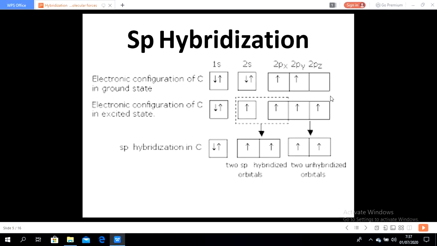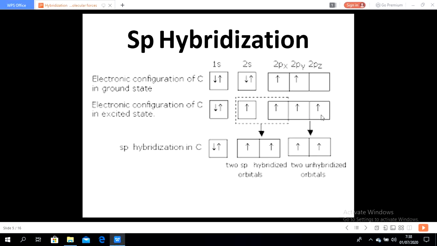Next, sp hybridization. sp hybridization occurs with a triple bond. I mention again, this is the ground state of carbon. And then the electronic configuration of the excited state. This is sp3.